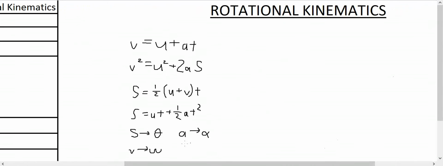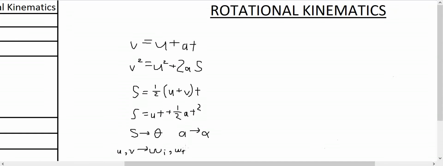And U and V also: convert U and V to omega subscript I for initial, and omega subscript F for final.